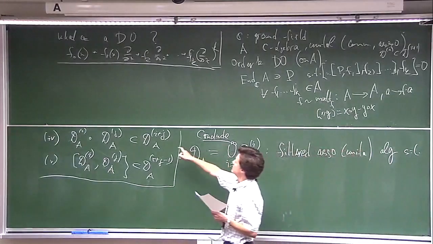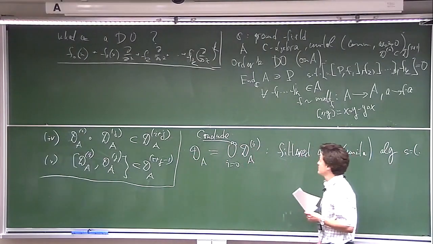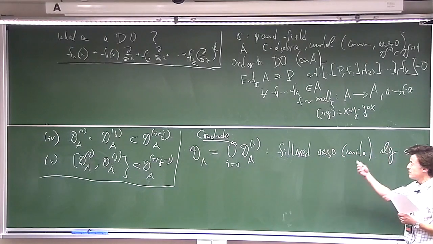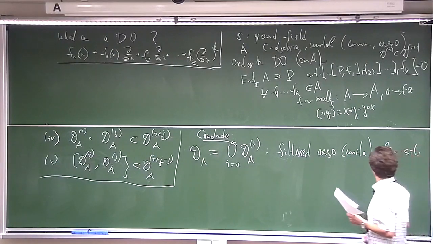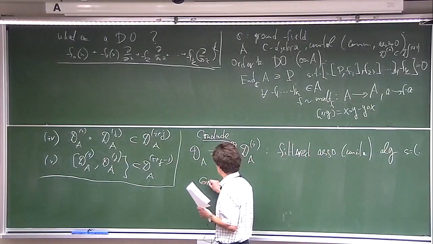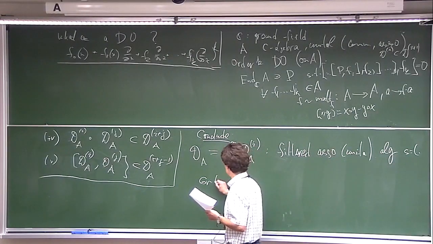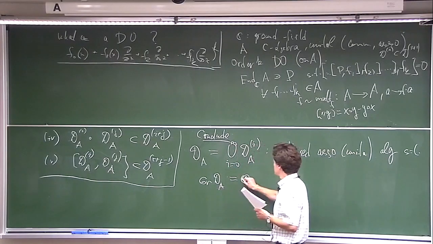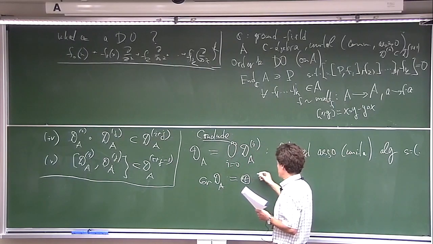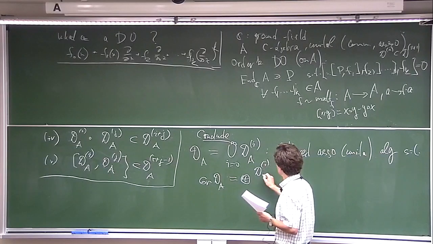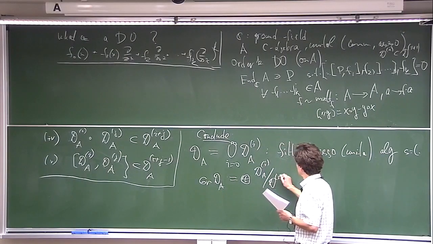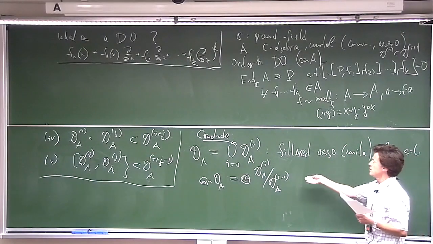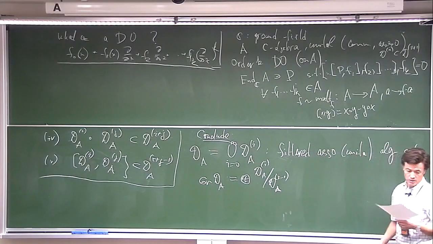That's what 4 claims. Whenever I have a filtered associative algebra, you can consider the corresponding graded object, which, by definition, is the direct sum of the successive quotients. Now, this is canonically an associative algebra.